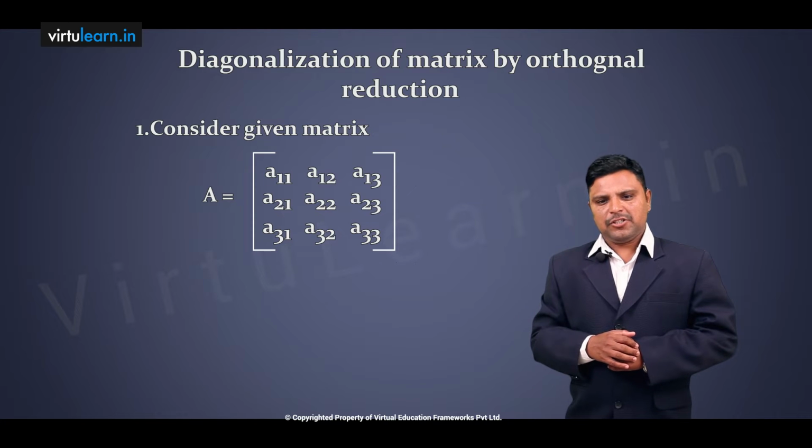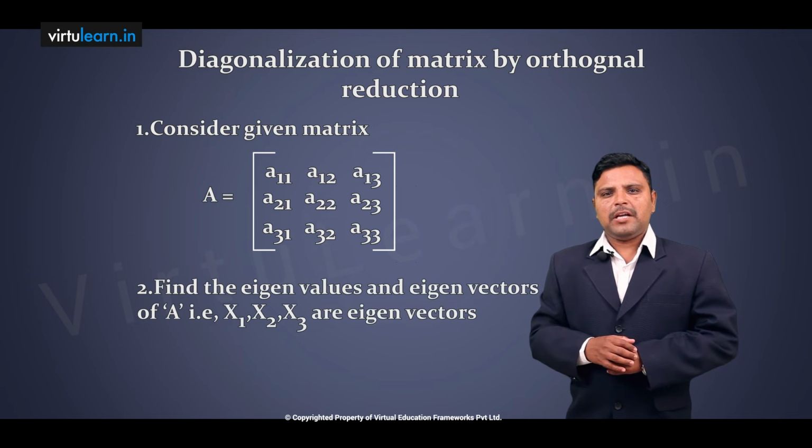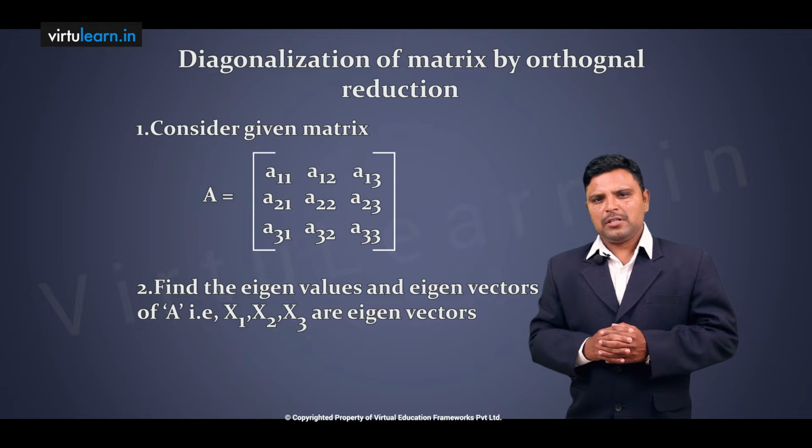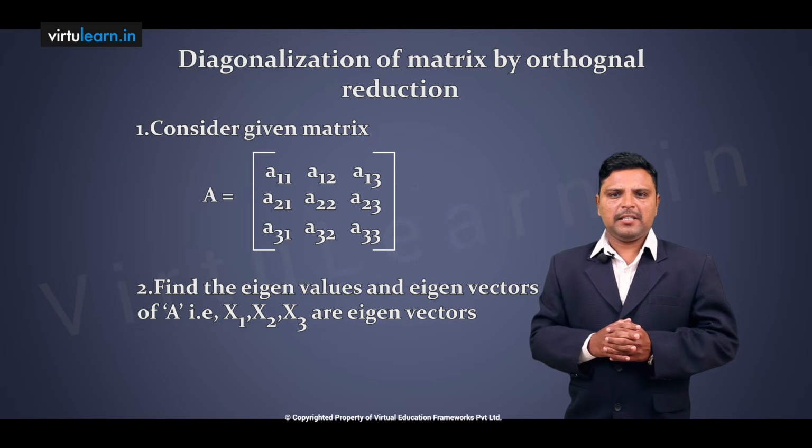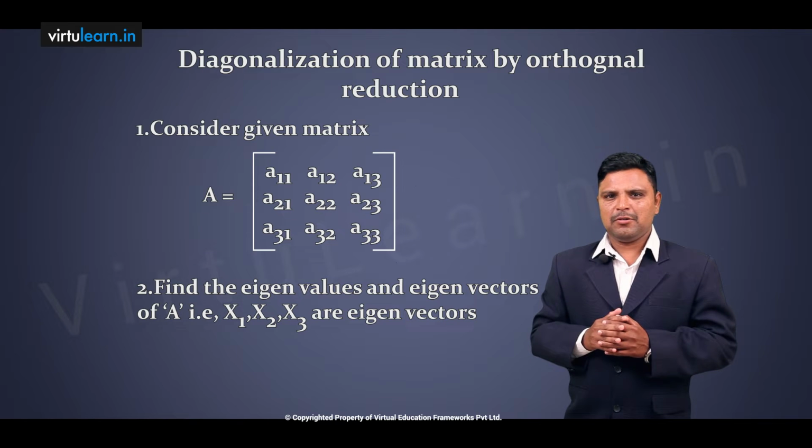Consider the second step. Find the eigenvalues and eigenvectors of the matrix A. Again the same procedure. We have already done the procedure for eigenvalues and eigenvectors: determinant of A minus lambda I equal to 0.